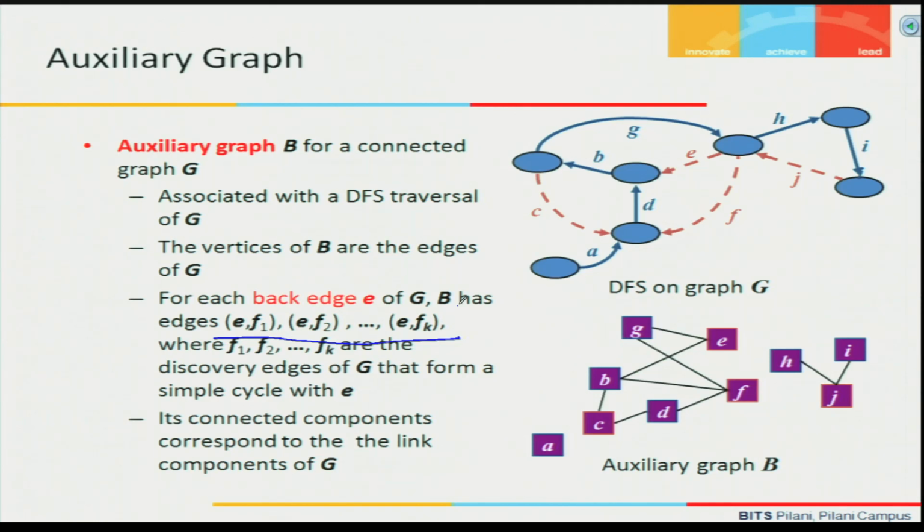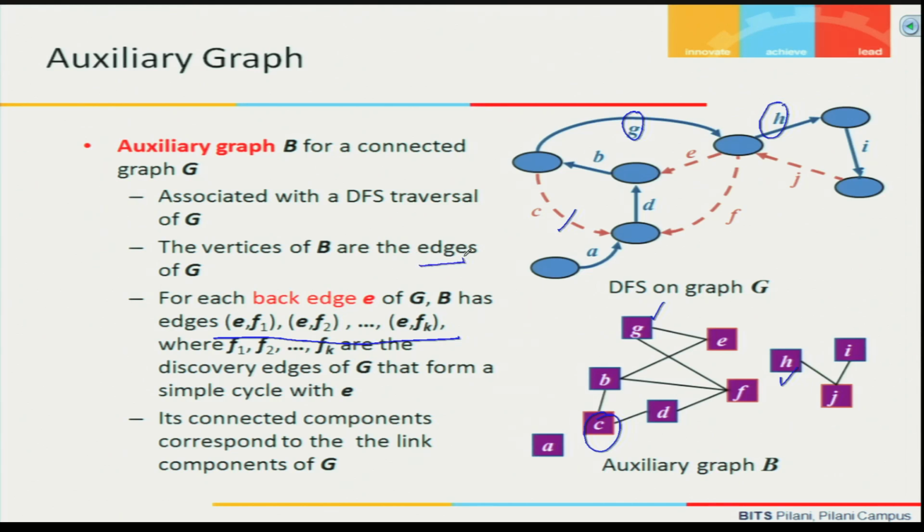So, its vertices are going to be the edges that you have in DFS. So, G is a vertex, similarly H is going to be somewhere here, whatever. D is this, C is here. So, the vertices of the auxiliary graph, correct, are going to be the edges of G.